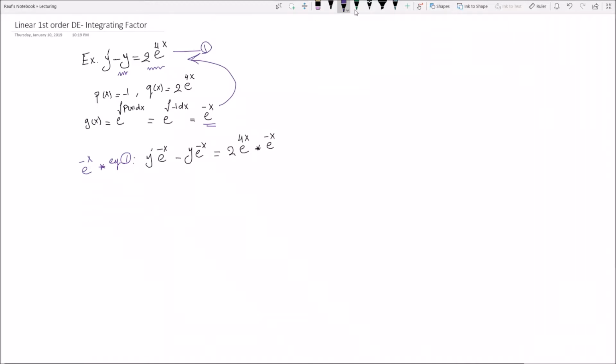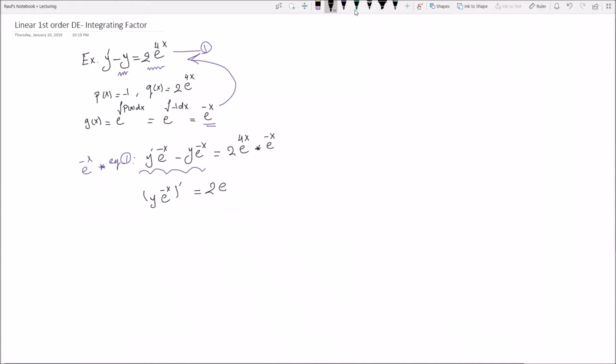Now taking a closer look at the left hand side of the equation, this represents the derivative of the multiplication of y with the integrating factor. So it is y multiplied by e to the power -x, all prime, equals the right hand side of the equation, 2 multiplied by e to the power of 4x minus x.